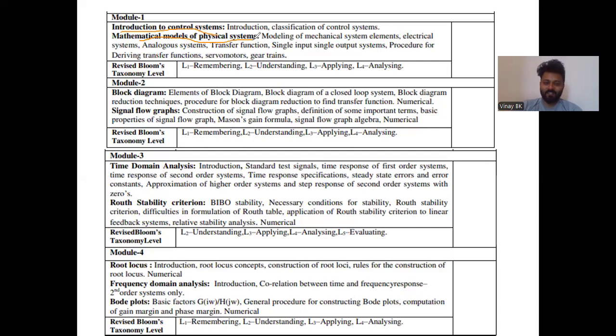Module 3 includes time domain analysis and Routh stability criterion, and module 4 includes root locus, frequency domain analysis, and Bode plots.